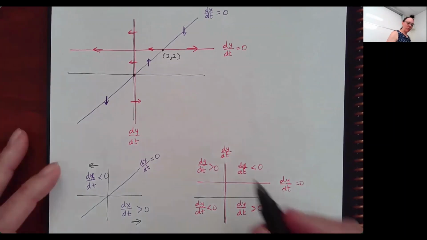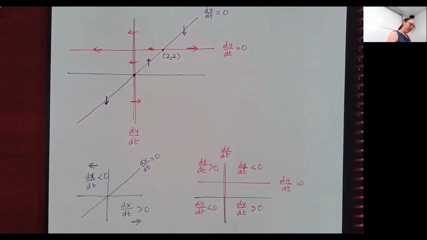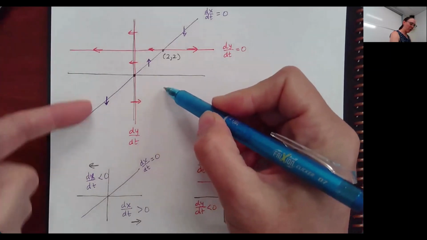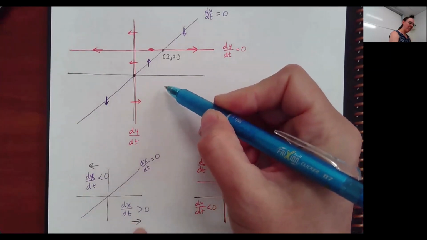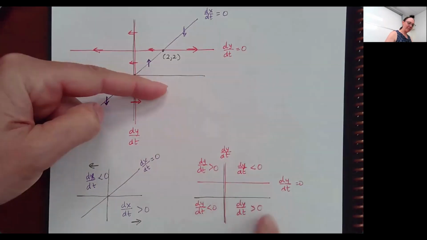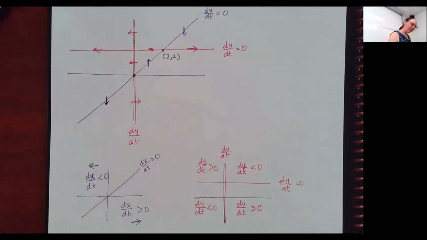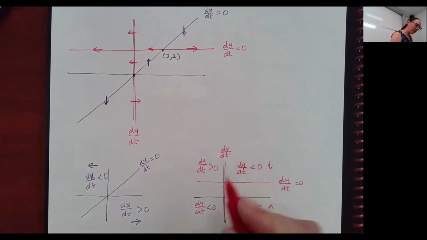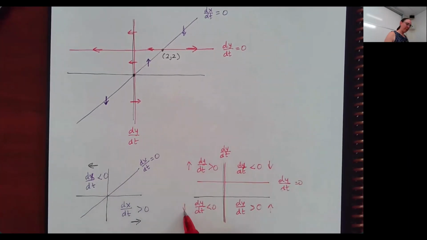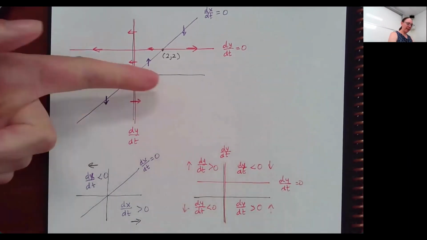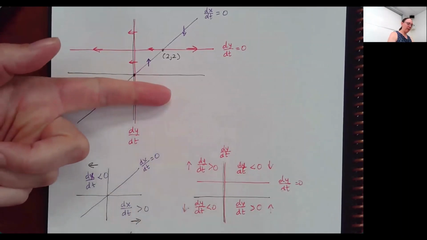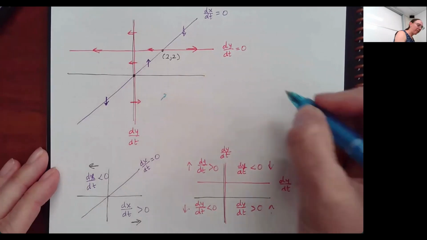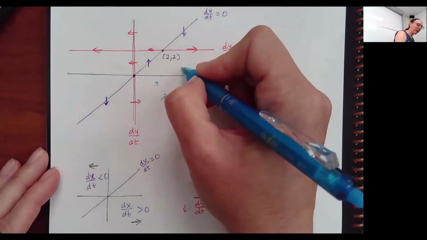Gonna kind of stack the things on top of each other. So now if I want to know what's happening out here, I know I'm below the purple line, so I point to the right. And I'm in this quadrant, so, and I probably would do this up, down, up, down. So if I'm at a point over here, I point to the right and up. So everywhere in here, I'm pointing up and to the right.